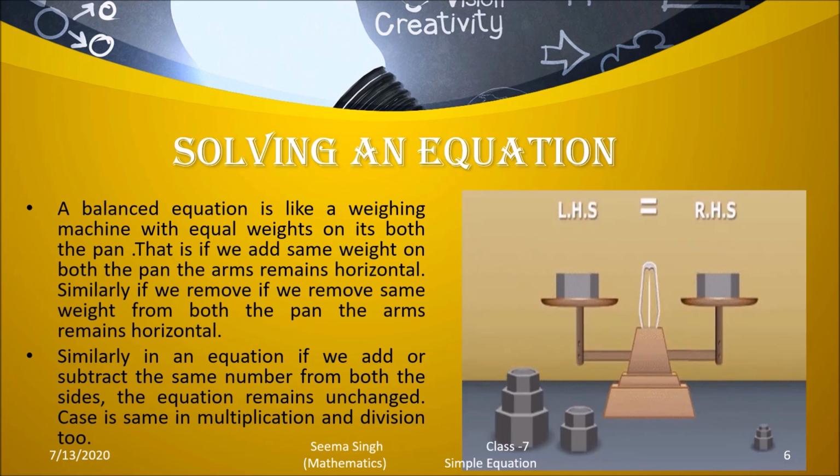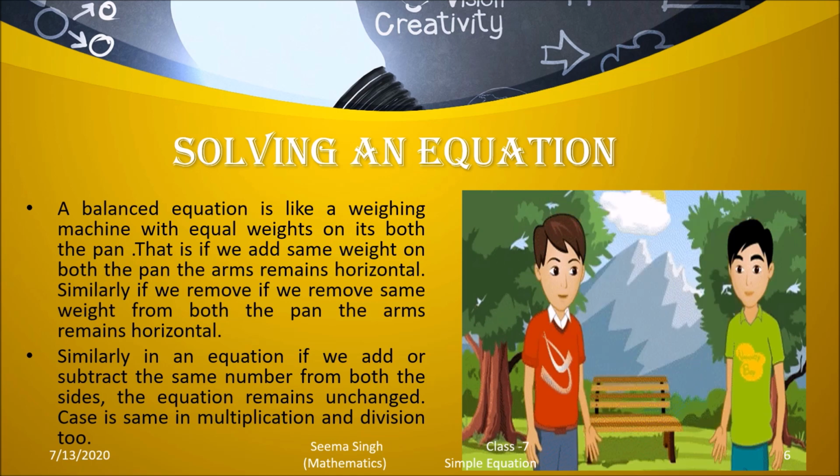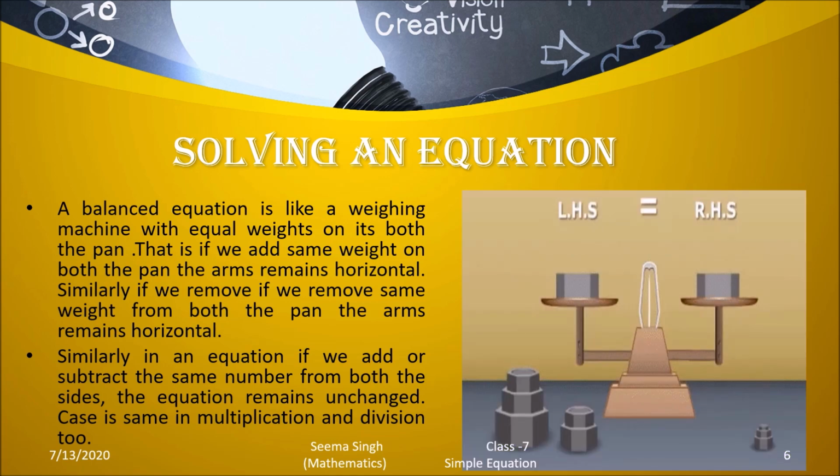Solving an equation is like balancing a weighing machine. If we add equal weight on both sides, the arms remain horizontal, and if we remove equal weights from both sides, again the arms remain horizontal. Similarly, in an equation, if we add or subtract the same number on both sides, the equation remains unchanged.